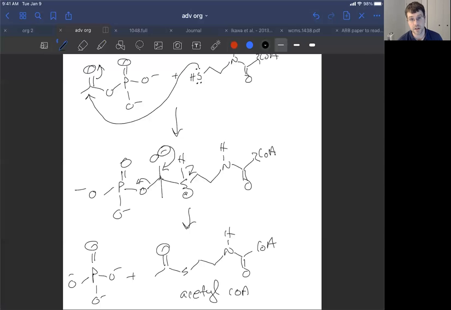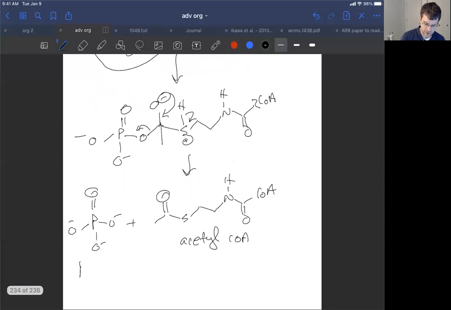Now we could go through the numbers and show that this is a thermodynamically favored event. So that's just one way. And you see that we form, I should have defined this earlier, Pi, which is inorganic phosphate. Other ways that you can use ATP to drive reactions is you can do a reaction that generates inorganic phosphate and then have something that carries inorganic phosphate away, so Le Chatelier's principle drives you forward.